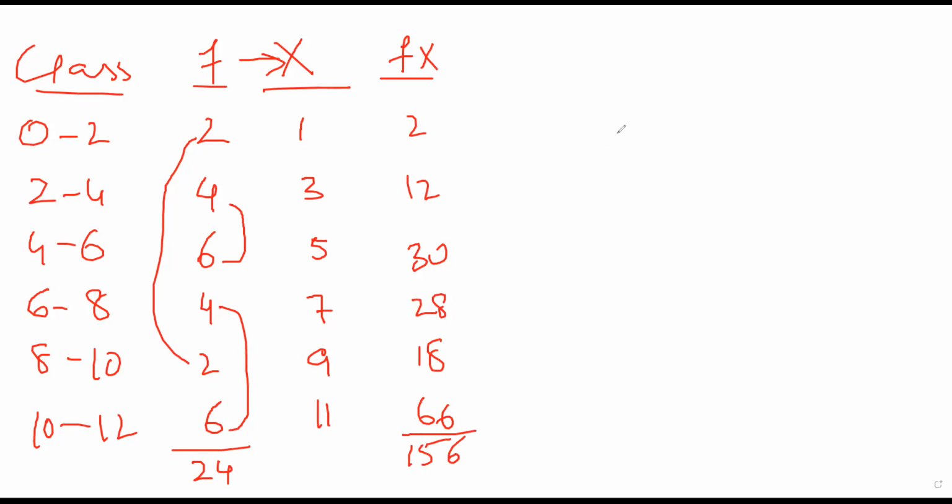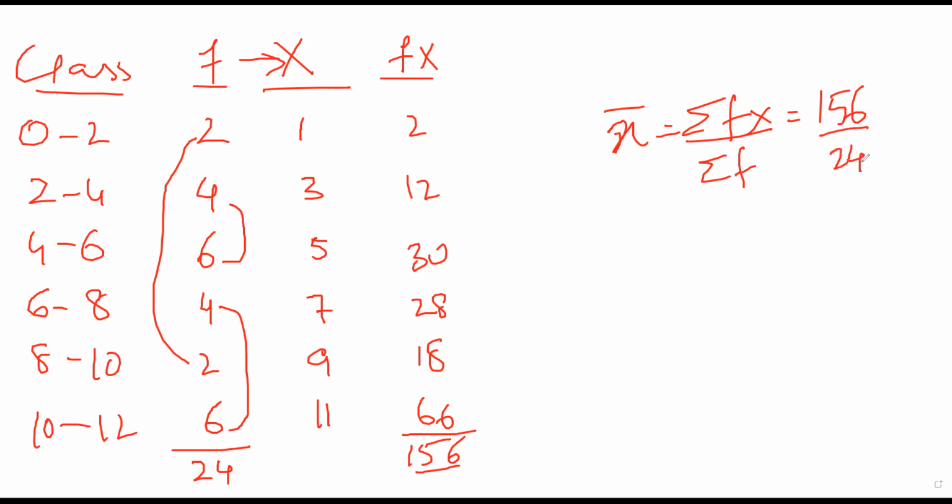Now mean of group data is equal to sigma of fx divided by sigma of f, is equal to 156 divided by 24. This will come somewhere close to 6.5. Okay, and your mean is 6.5.